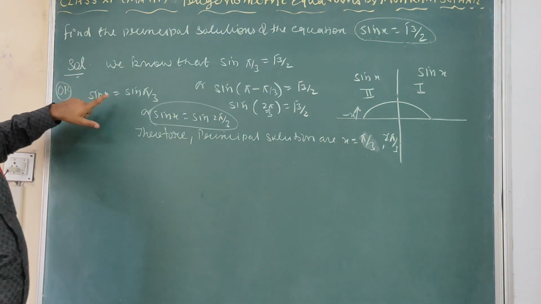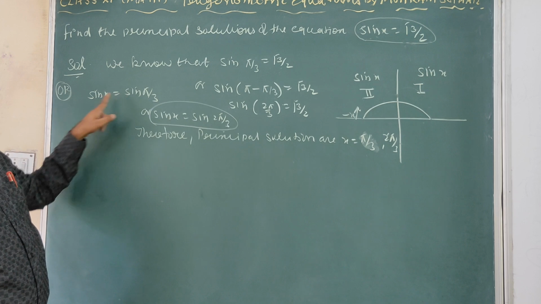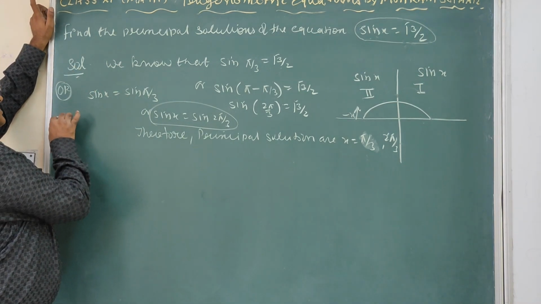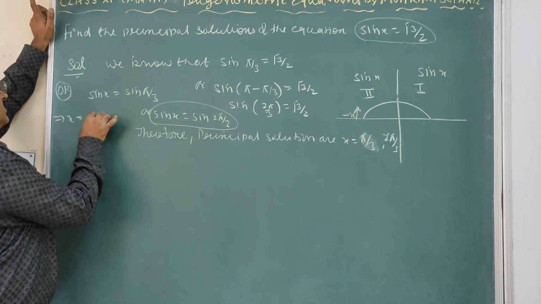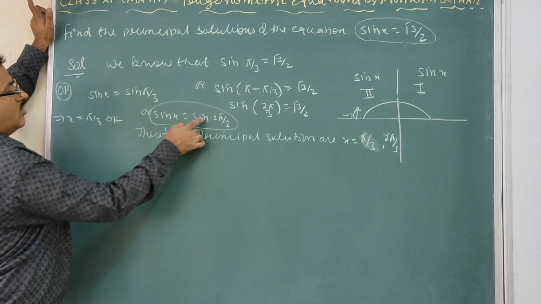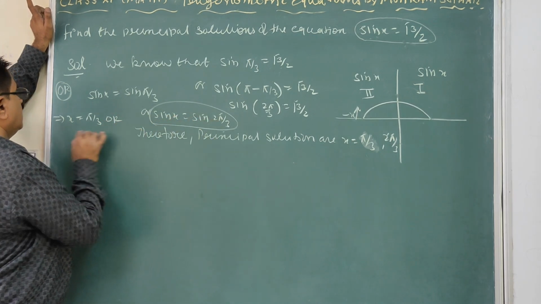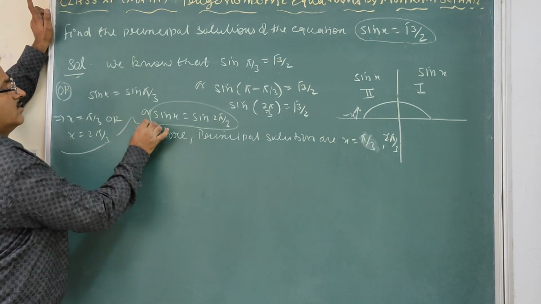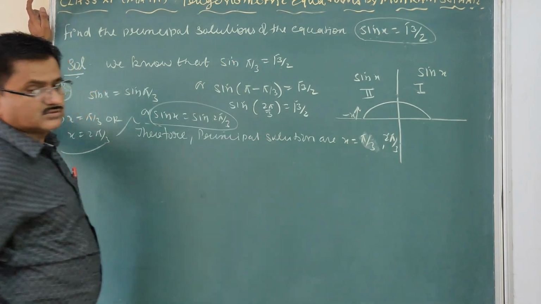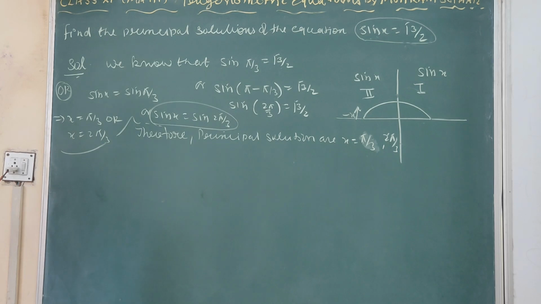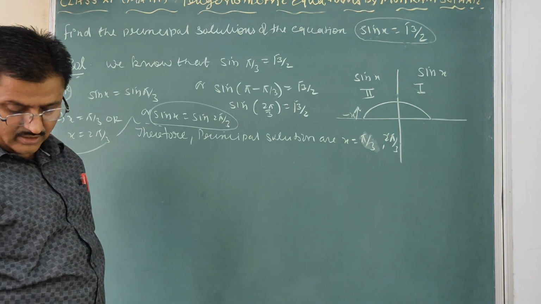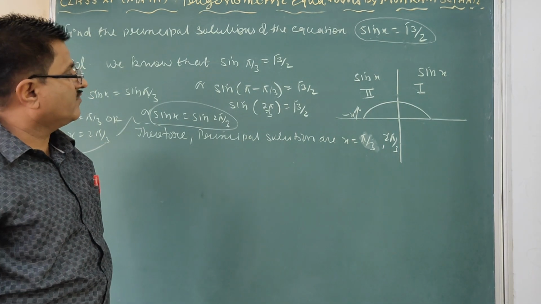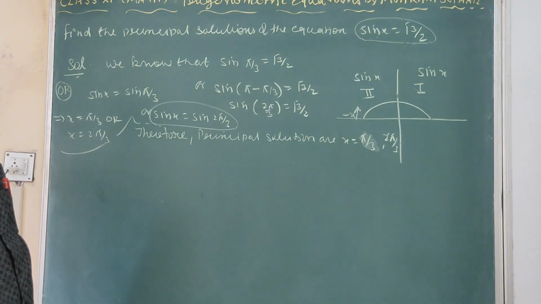So now on both sides the operator is the same, so you get x equal to pi by 3. Or here also the operator is the same, remove it, so x equal to 2 pi by 3. So you may use this method or you can write the other. Both are the same, only we have written them in different ways. So in this way you can find the principal solution of this.